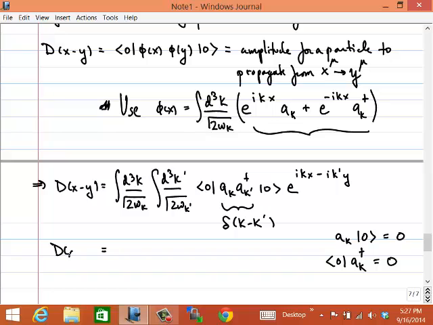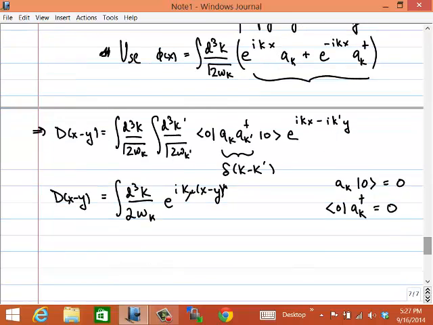So this D of x minus y is the integral d^3k over 2 omega_k times e^(i k_mu (x^mu minus y^mu)). And this is what's known as the propagator in free quantum field theory. It's the quantum mechanical amplitude for a particle to move from a point x to a point y.